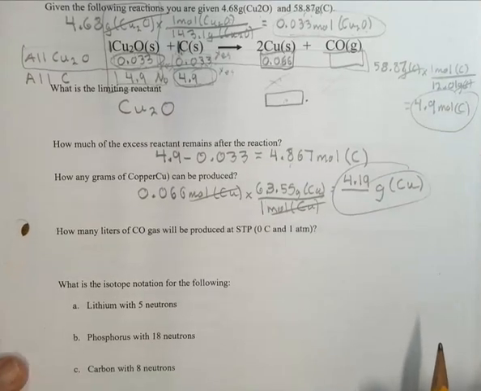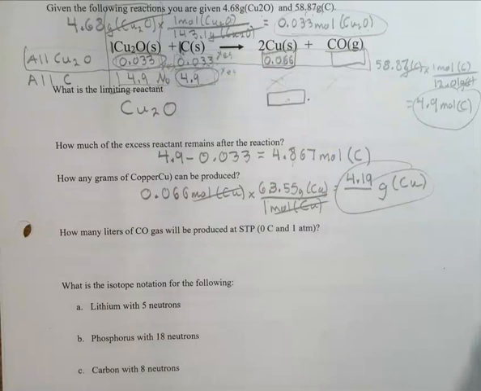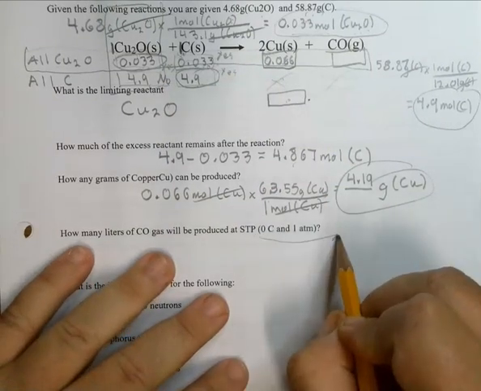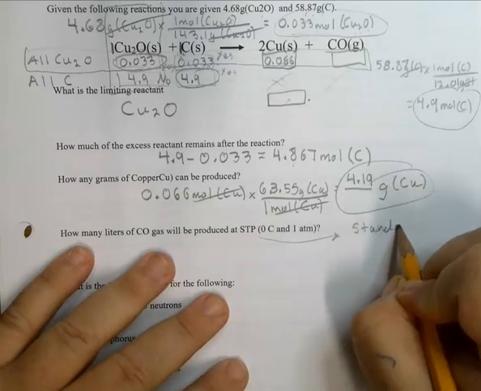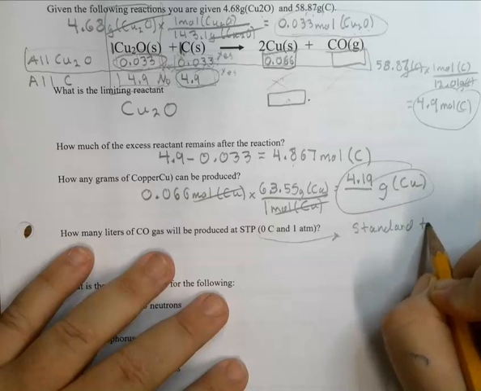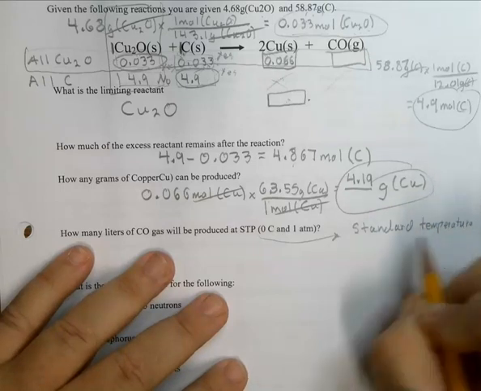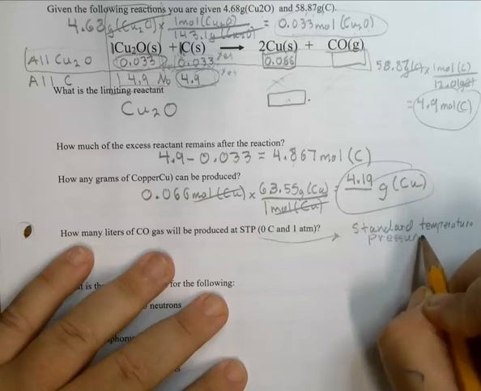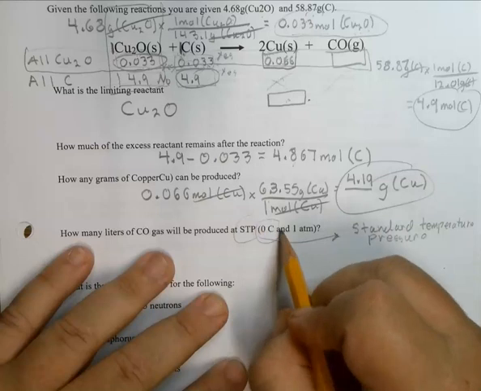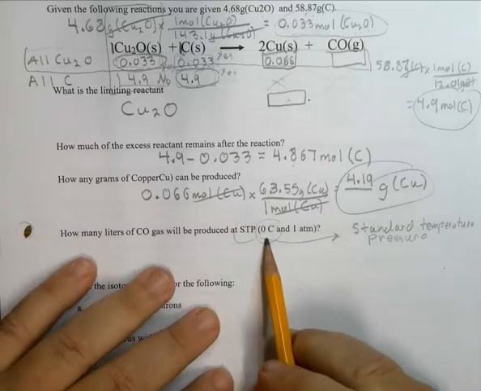Okay, how many liters of CO2, now CO2 is the only gas we have in this reaction, will be produced at STP, and let's just kind of learn these terms. STP, standard temperature and pressure, or just standard temperature pressure. STP is 0 degrees centigrade, the freezing point of water, but for a gas that's not very cold.